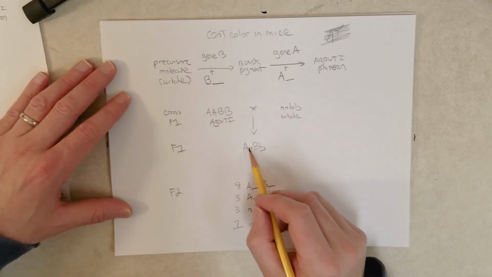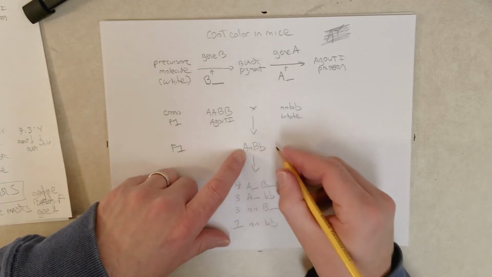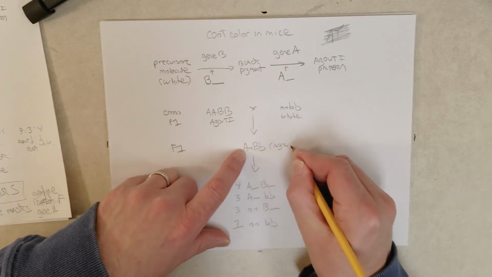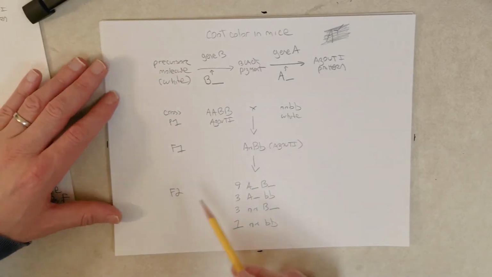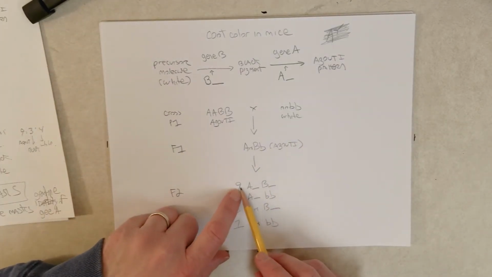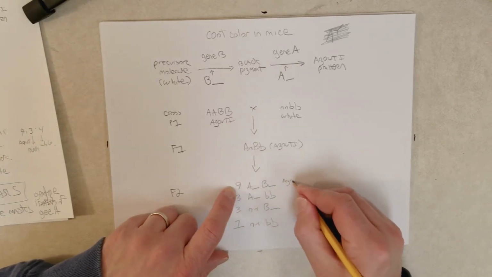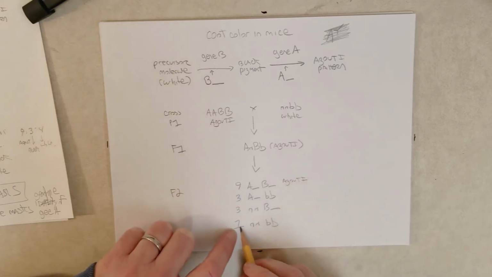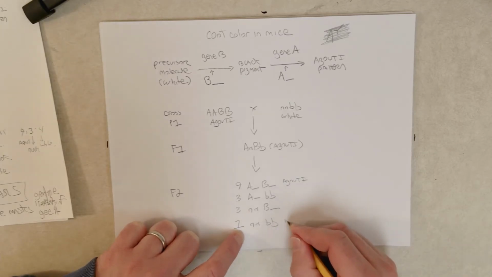These offspring right here, the F1, all have at least one big A and one big B, so they are all agouti. And then in the F2 generation, well, let's take a look. 9 out of 16 have a big A and a big B, so these are all agouti. 1 of the 16 homozygous recessives for both genes are going to be white.